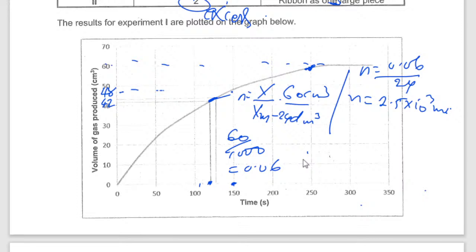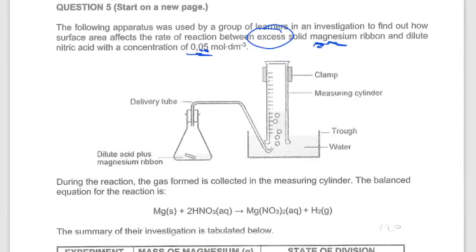So now I can compare the gas produced, which is hydrogen, the number of moles of magnesium compared to the number of moles of hydrogen. The molar ratio is 1 to 1. How do I get molar ratio 1 to 1? It is from the equation. Magnesium to hydrogen is 1 to 1.